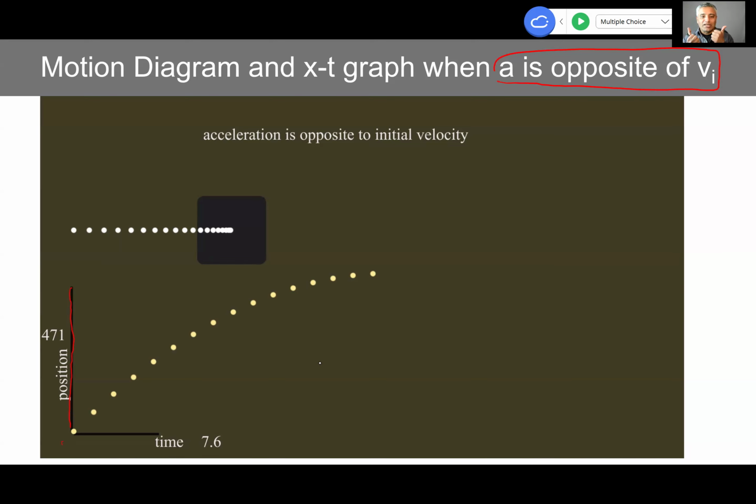When acceleration is in the opposite direction of motion, the object slows down. Do you still remember? Hopefully you do. If not, remember, when acceleration is in the opposite direction of motion, the object slows down.